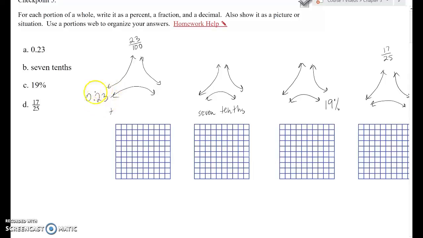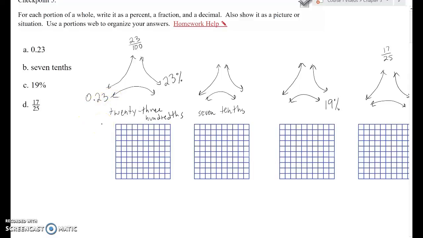If I read this number as 23 hundredths, that is what this is. 23 hundredths. What's nice about this is that percents are always out of 100, so this becomes 23%. Some students like moving the decimal place twice to get your percent. That would also get you 23%.